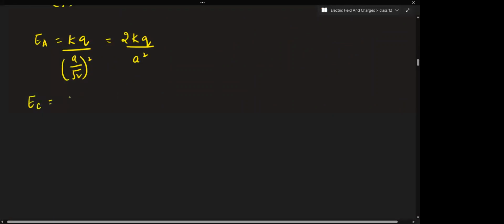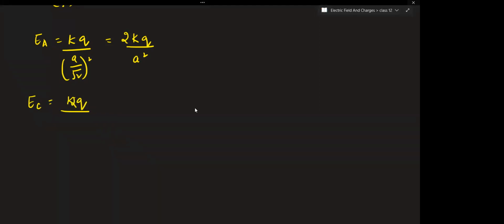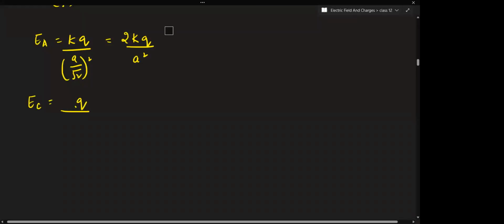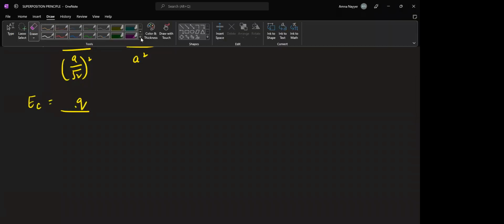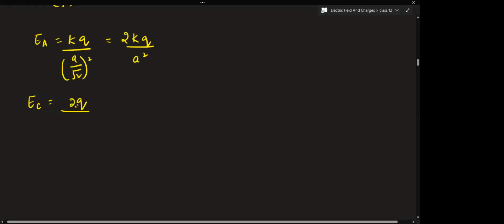So EC will be equal to K times 2q divided by (A by root 2) whole square. So this becomes 4KQ divided by A square.